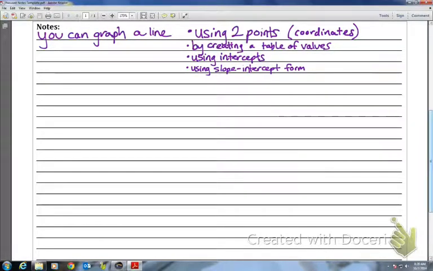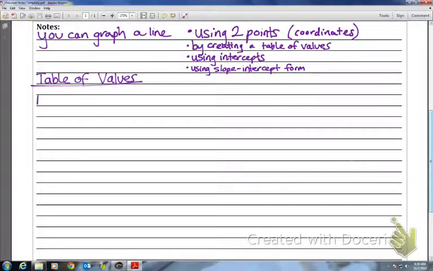So we're going to work on graphing a line using a table of values. If I was given an equation, then you can create a table of values to plot.